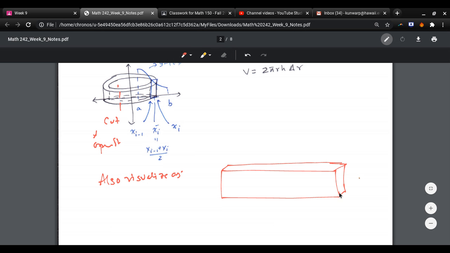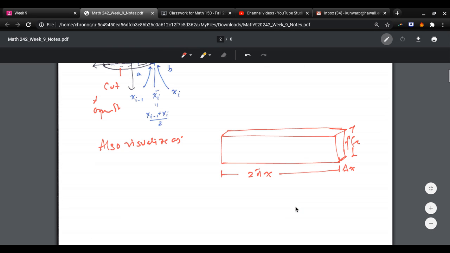This thickness is delta x, the height is f of x, and this length here is 2 pi x, which is the circumference. So the volume is obviously length times width times height.